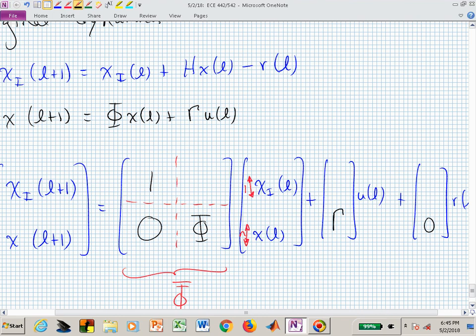Because it has to inject x as if x was the output, and that's H times x. How much u is going into that? How much r? See, aren't we having fun?